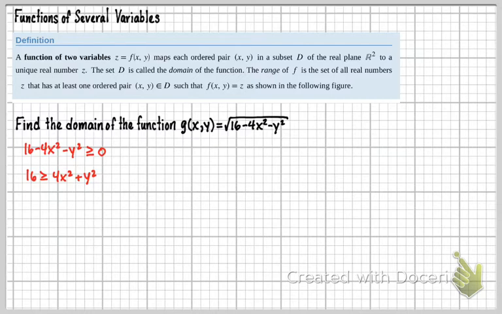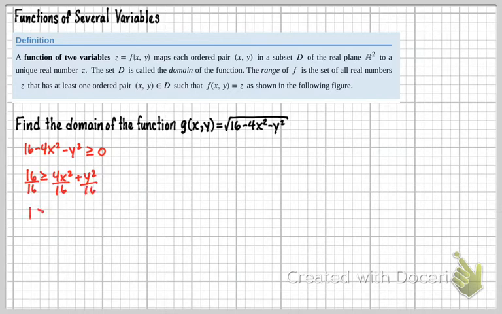Now what I would do is divide by 16, because this is looking a lot like an ellipse. I know my ellipse in general form is an x squared variation plus a y squared variation equals 1. So I have to have a 1 there for that to work. So I'm going to divide by 16. When I divide by 16 here, I'm just going to write it out.